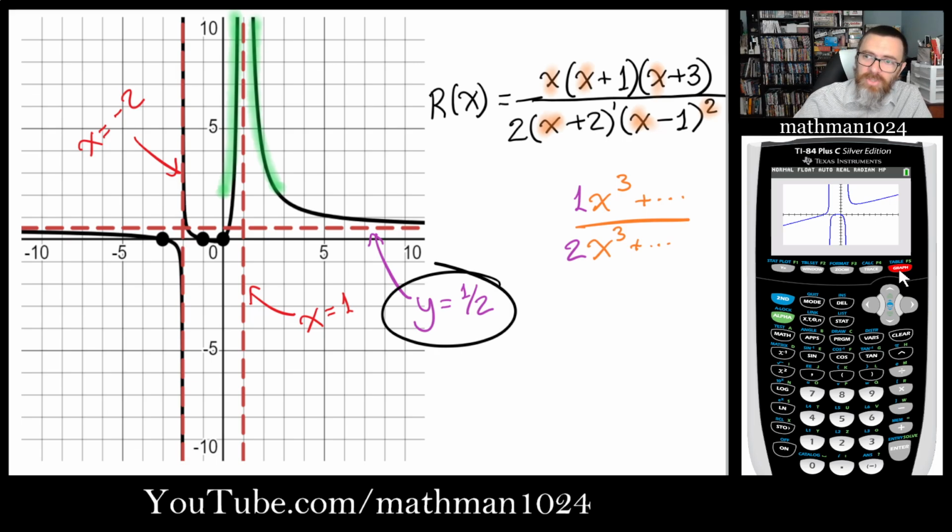And if you look carefully, you can see that on the end behavior, we have something that looks like it'd be a slant asymptote, which would indicate that the degree of the numerator is just 1 higher than the degree of the denominator. But that's not what we have in our picture. So use the calculator to check your work. And yeah, I think you're going to be right as rain.